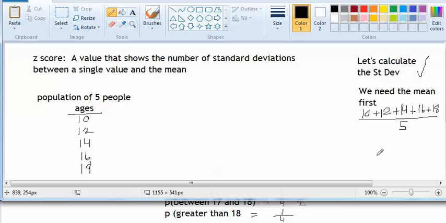It actually comes out to the middle, because 22, 36, 46, 52, 70 over 5 is 14.